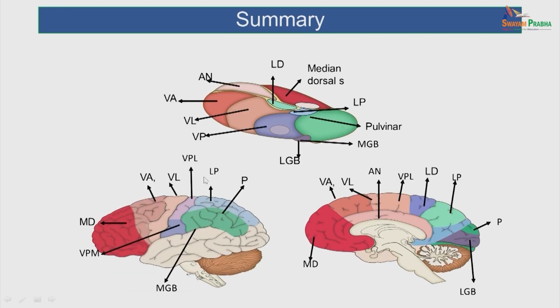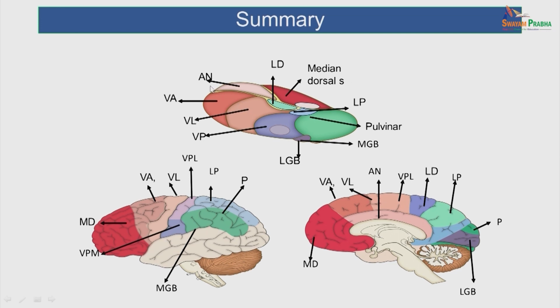Then we have the thalamo-cortical connections, the various nuclei of the thalamus connected to different areas of the cortex. The anterior nucleus is connected to the cingulate gyrus, with both afferents and efferents. The medial dorsal nucleus, afferents and efferents, is connected to the prefrontal area, both on the superolateral surface and the medial surface.